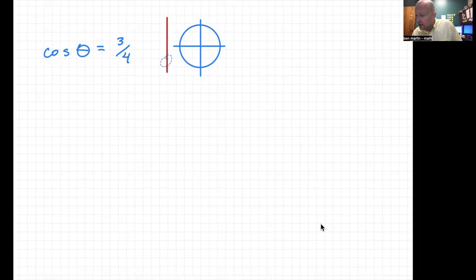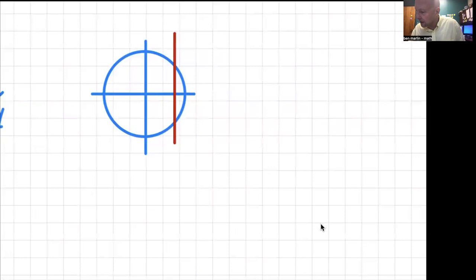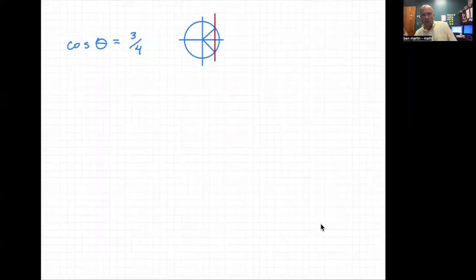For cosines, we draw a vertical line because it is +3/4. It's somewhere over there on that side. We go ahead and connect this up and see that we have our 2 solutions, one of them in the first quadrant and one of them in the fourth quadrant.